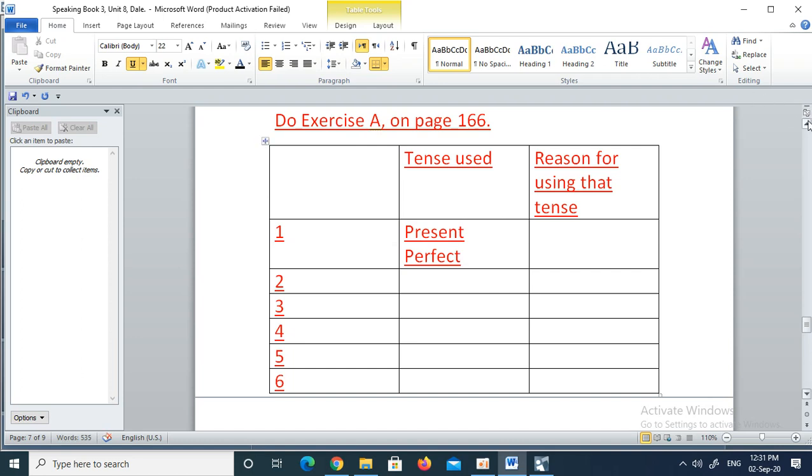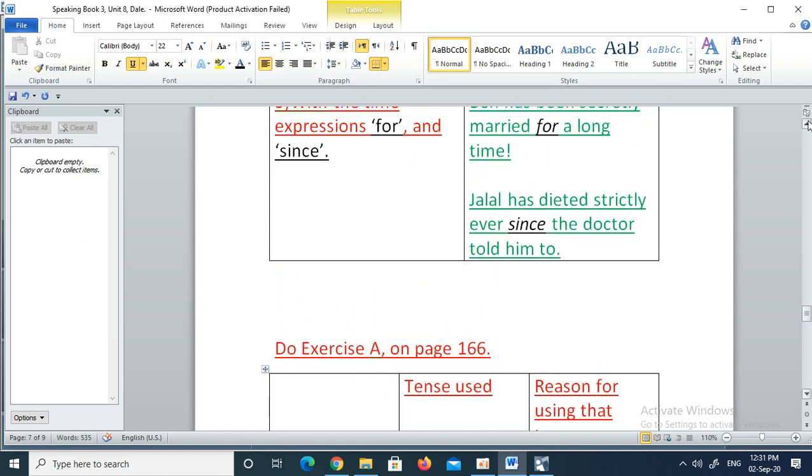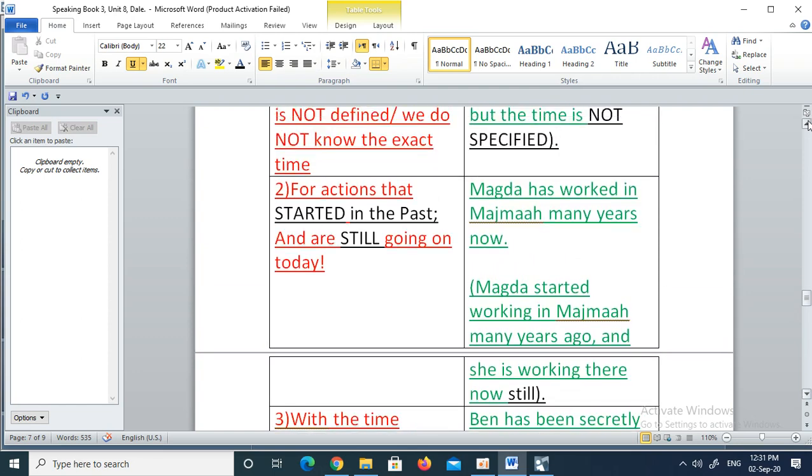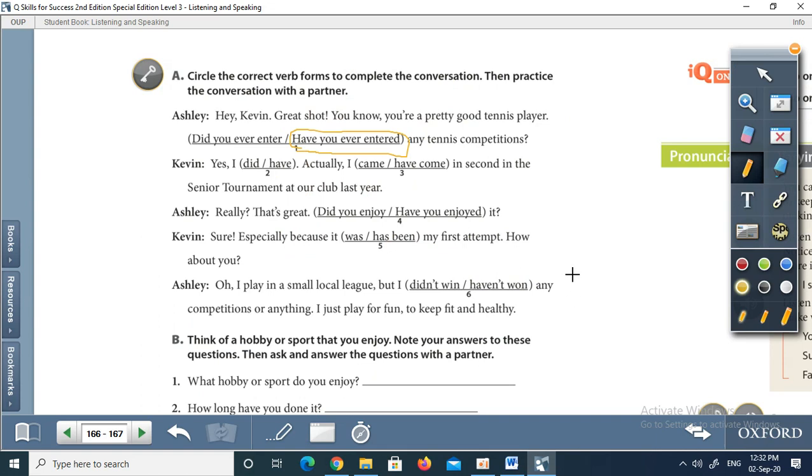The reason we are using the present perfect is reason 2. Actions that started in the past and are still going on today. So here's asking Kevin, have you ever entered any tennis competition from the past right up until today?